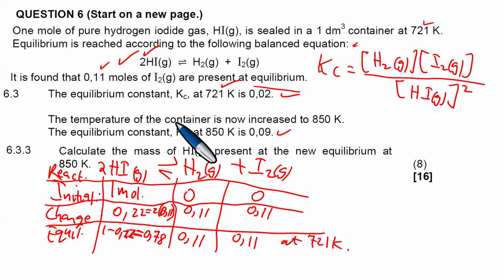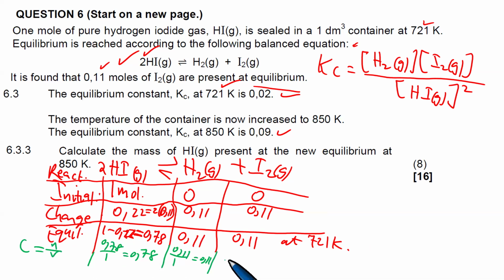The temperature is therefore increased, and the concentrations somewhat changed. Let us analyze together and look at what the concentrations were. If the concentration is the number of moles over volume, you'd have 0.78 divided by 1, which is 0.78, and 0.11 divided by 1, which is 0.11.